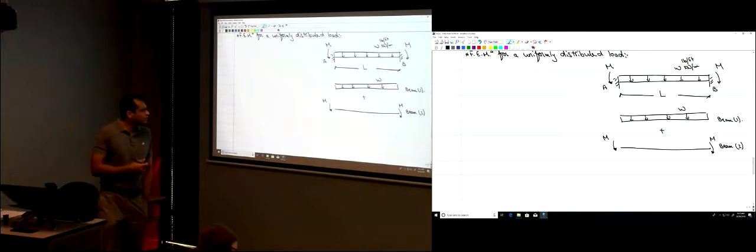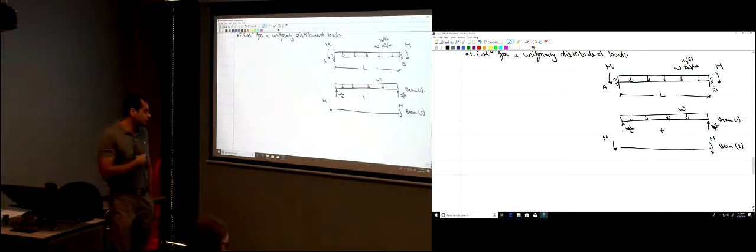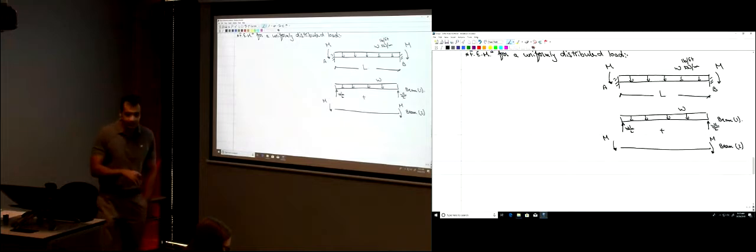So we have WL divided by 2 at each end. Beam 2 is also in equilibrium. Sum them up, and that's what you have here.